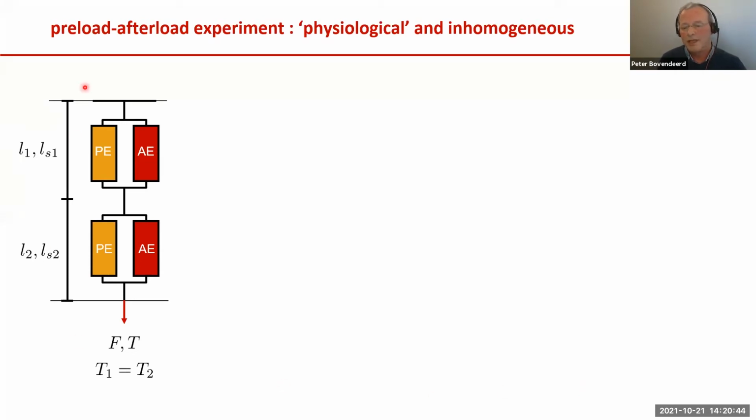So what we do is we make now a serial arrangement of two muscle segments. And well, equilibrium of force now means that the stress, or the force, or the first Piola-Kirchhoff stress in these two segments should be the same at every moment during this preload afterload experiment.